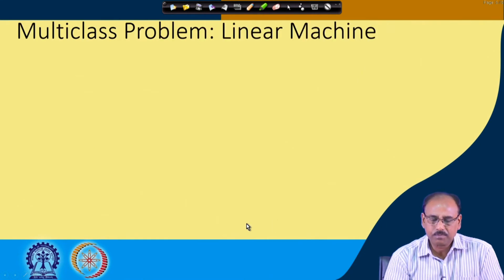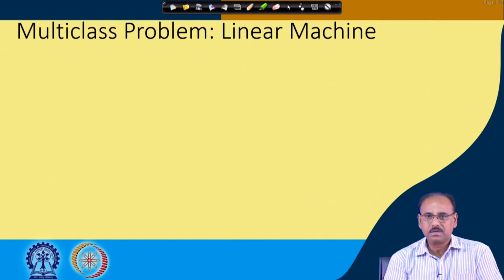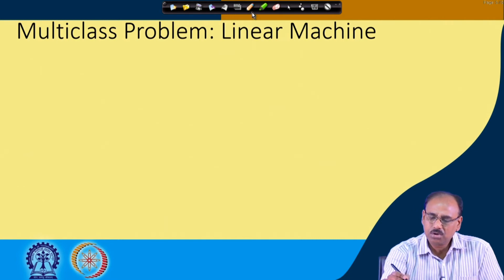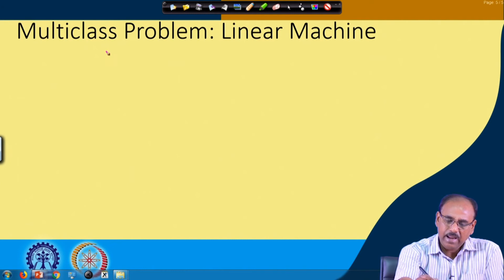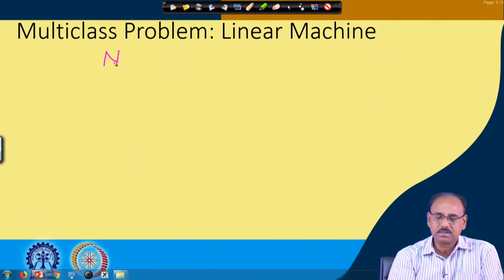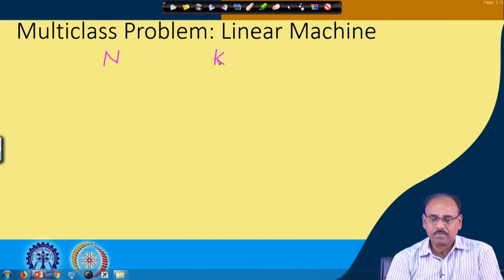So, in this case also, we assume that we are given a set of feature vectors for training purpose. So, in a multi-class problem, y I will not take only two values now, because now we have multiple classes. Suppose I have n feature vectors and k categories or k classes.